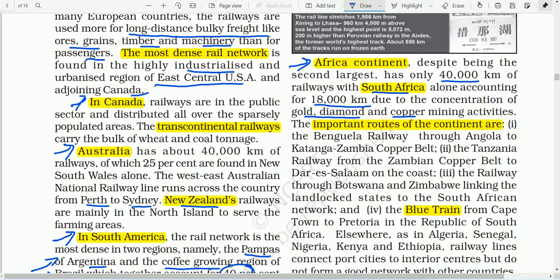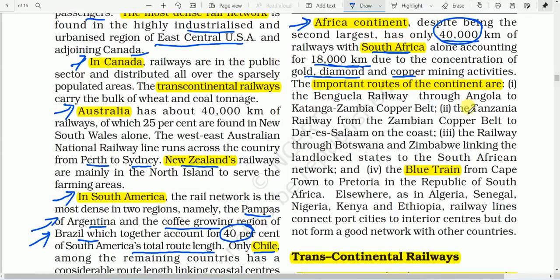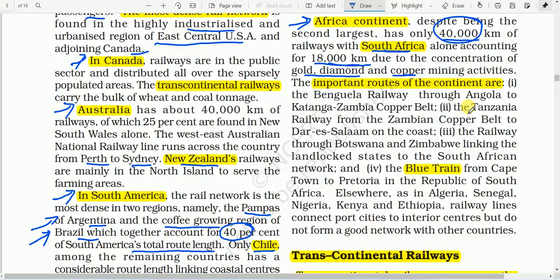So Africa is the second largest continent in the world, but it has only 40,000 kilometers of railways. And out of these 40,000, 18,000 is shared by South Africa alone because of gold mining, diamond mining, copper mining.